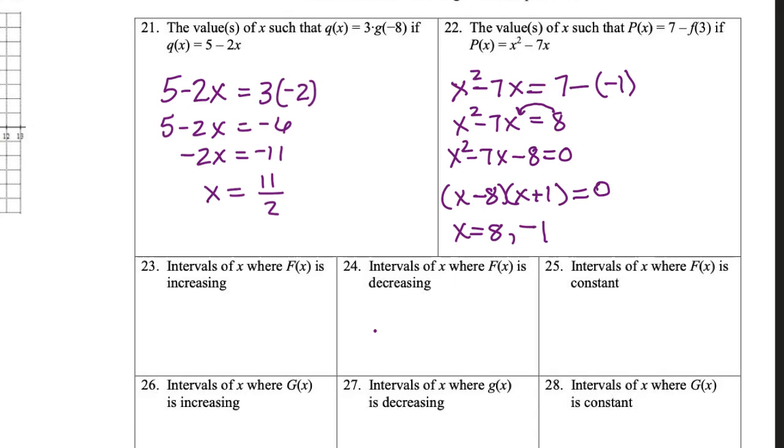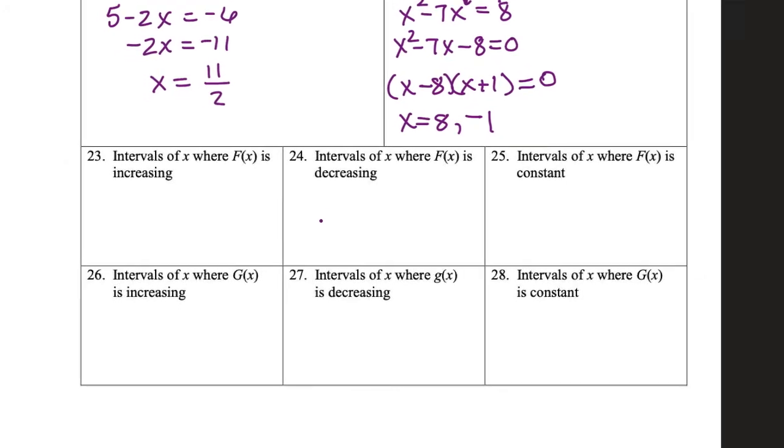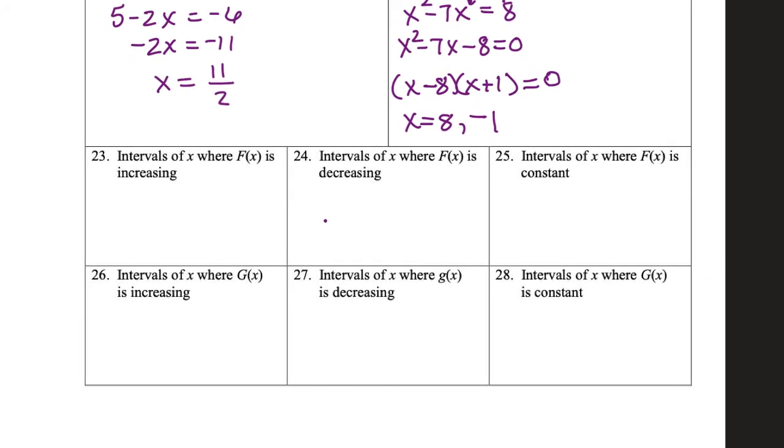Okay, now we're going to answer questions about increasing and decreasing. The first part, intervals over which f of x is increasing. So we have from negative 4 to negative 1, union from 2 to infinity.